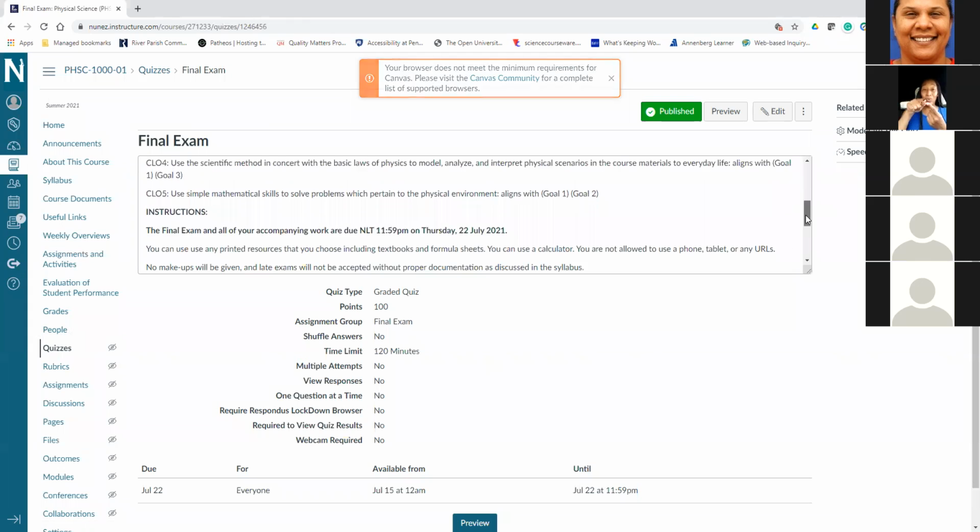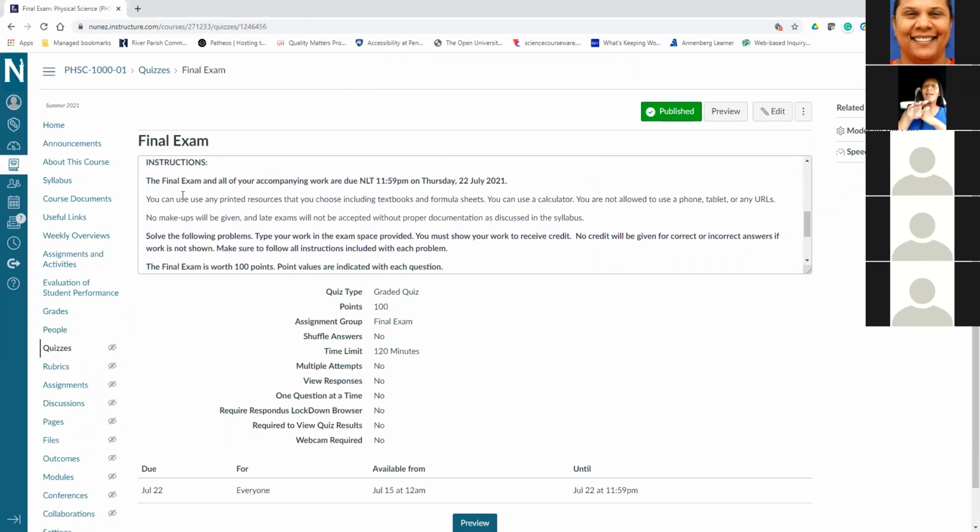So the instructions tell you, the final exam, you're not going to email anything to me. You're going to type your answers in the space provided on the exam. You can use printed materials to help you while you're taking the exam.